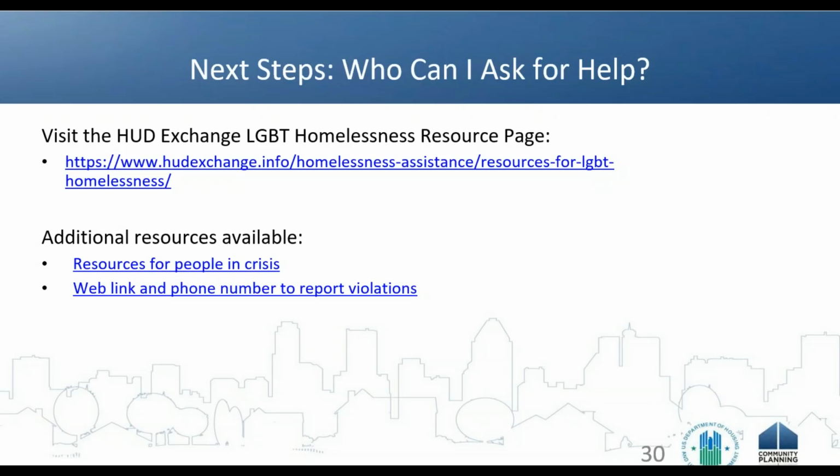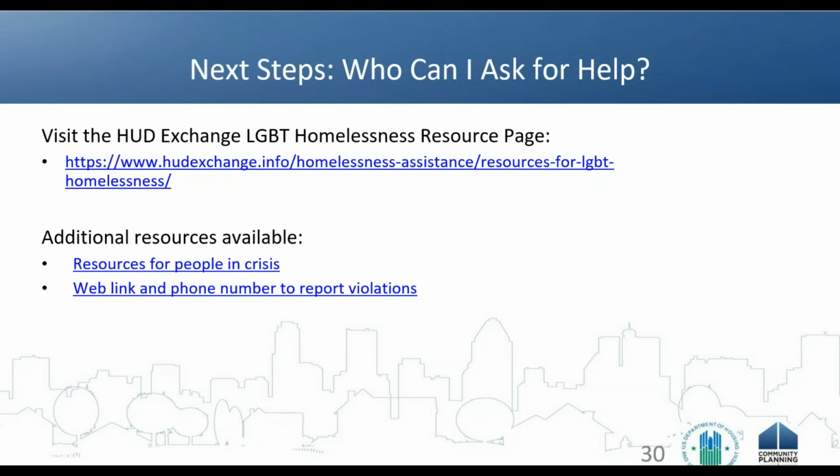For those of you who are in contact with or familiar with your CPD field office, we're the owners of the gender identity rule, meaning CPD is going to be processing those complaints, and we're going to do it like we do with other findings, where somebody's found to be out of compliance with a requirement. We're going to put a corrective plan in place and set a timeline and give TA if we need to help somebody resolve the non-compliance.